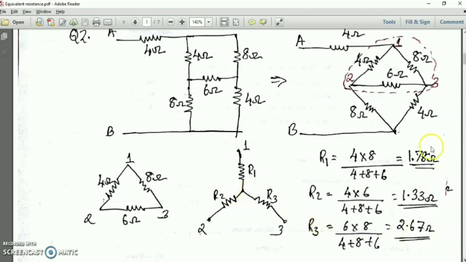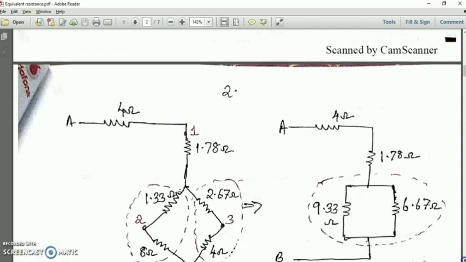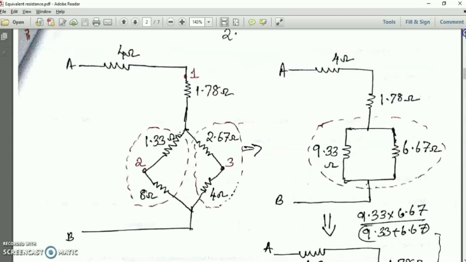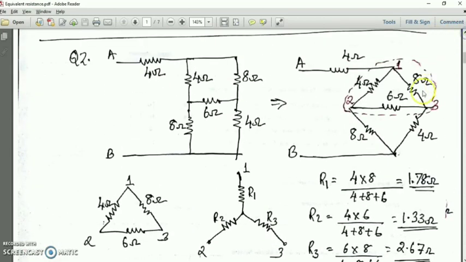So accordingly, when you change this particular circuit to that form, we will be getting something like this. The R1, R2, R3. This delta is changed to star, and the other resistors which were earlier there in our circuit will remain as it is. See, 4 ohm, this 8 ohm and this 4 ohm will remain as it is.